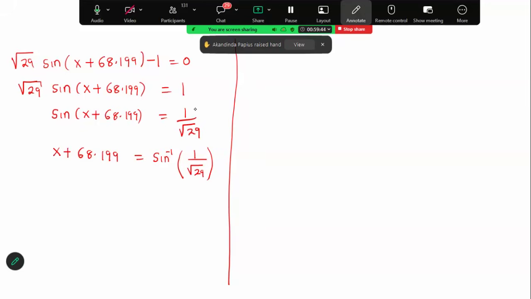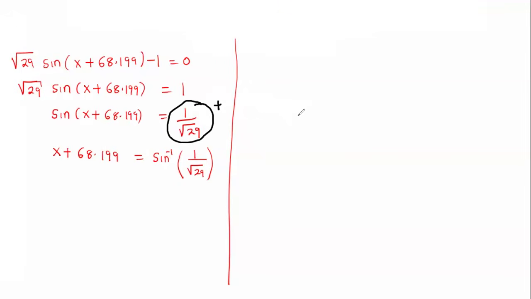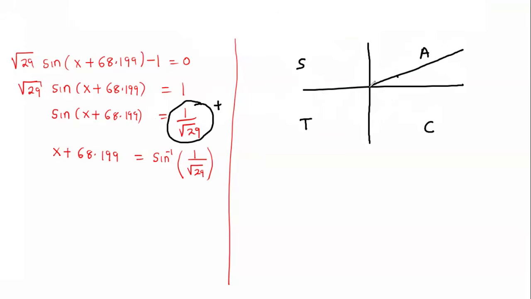What do I want you to always take? When you look at this angle, this ratio here is a positive ratio. Always remember your quadrants, that all, so that means that your sine is in a positive quadrant. For it to be positive, you can have an angle here, you can have an angle here.